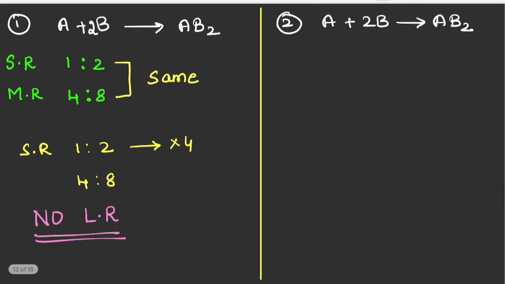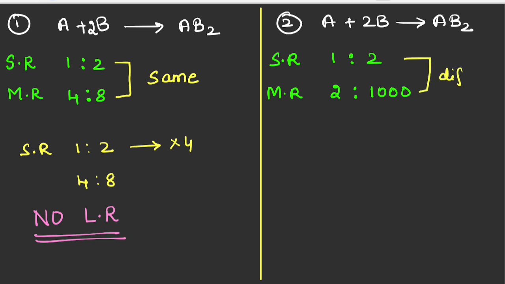In the second case, the SR, stoichiometric ratio, will be the same, 1:2. Now I'll take MR as 2:1000. This will be given in the question. Now, whether the SR and MR are the same or different, here it is different.